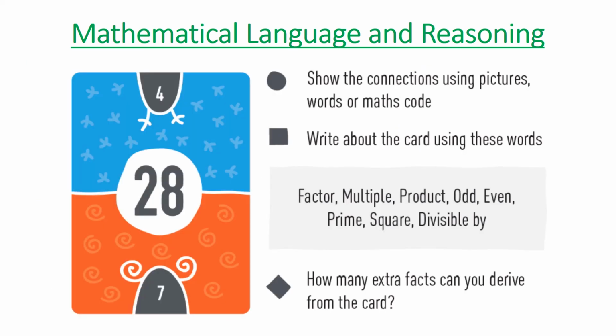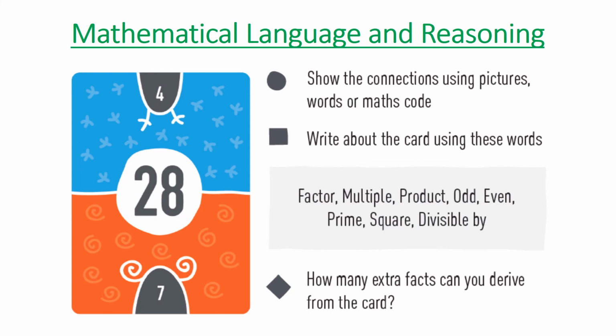Here is another activity you can use at home. So for example, the children can focus on one card and show the connections they can see on this card using pictures, words or maths code. You can ask the children to write about the card using these words, such as factor, multiple, product, odd, even, prime, square, divisible by.